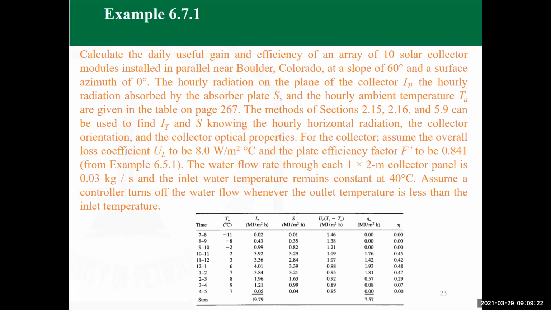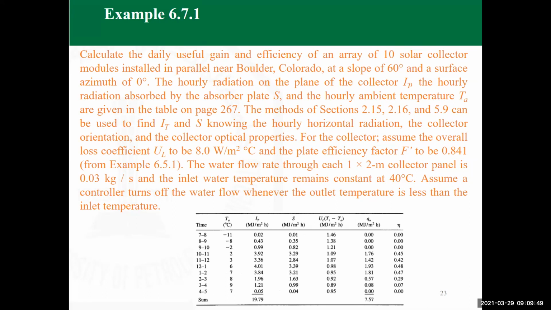The collector orientation and the collector optical properties are known, assuming an overall loss coefficient of 8 watt per meter square centigrade. At the beginning of this chapter, we have seen an example of how to calculate the value of UL, going first through the top loss coefficient and then the bottom and edge coefficients, combining them all together in an overall heat loss coefficient, which is UL.